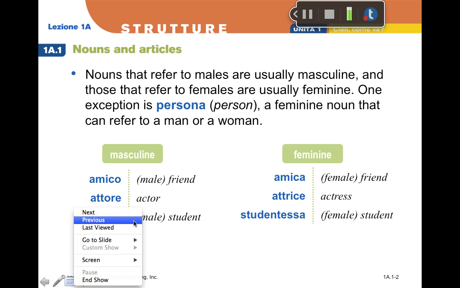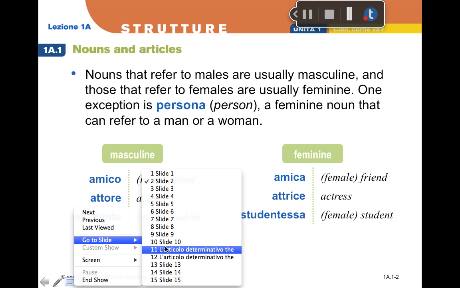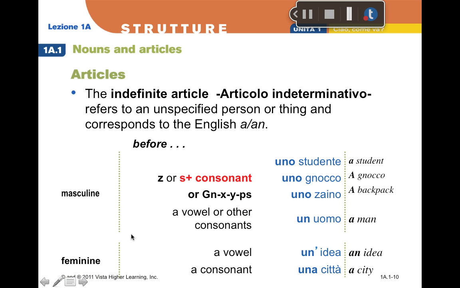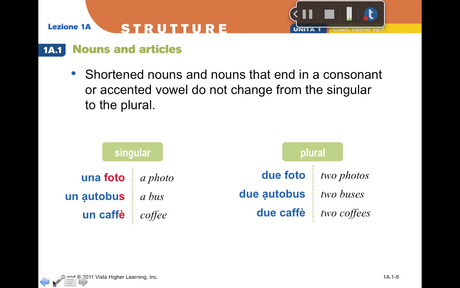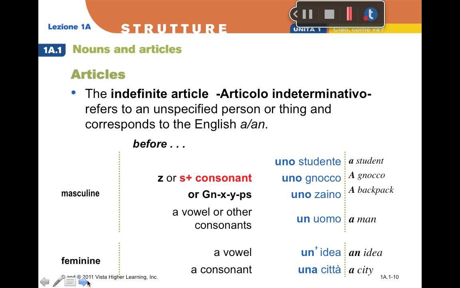Now let's go to the articles. In Italian, there are two types of articles, and today we're going to look at both of them.